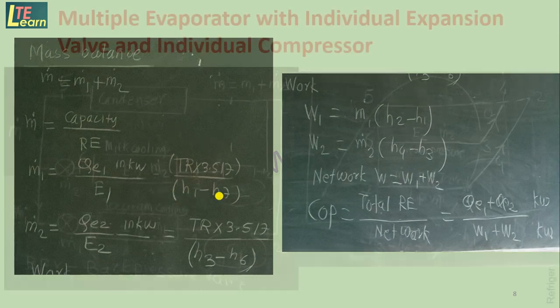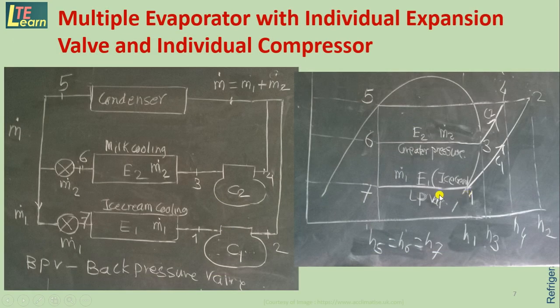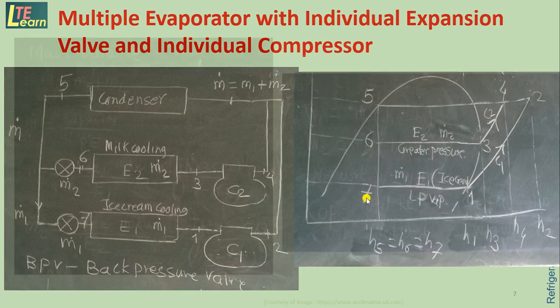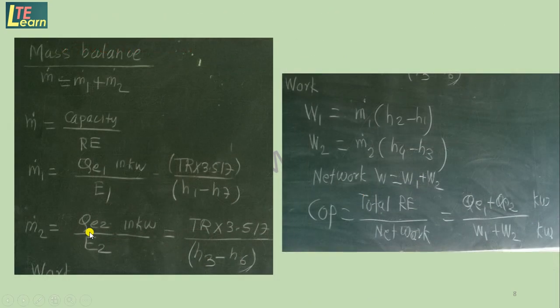From the diagram we can see H1 minus H7 for first evaporator. Similarly for second evaporator, the enthalpy difference in the evaporator is H3 minus H6. So let us see second evaporator here, H3 minus H6, M2 dot formula.